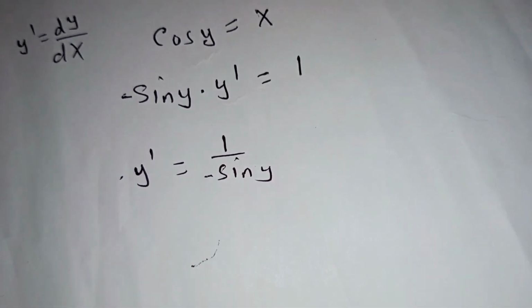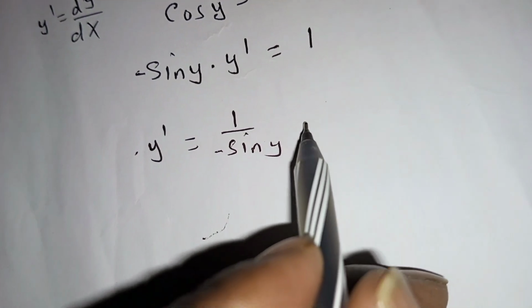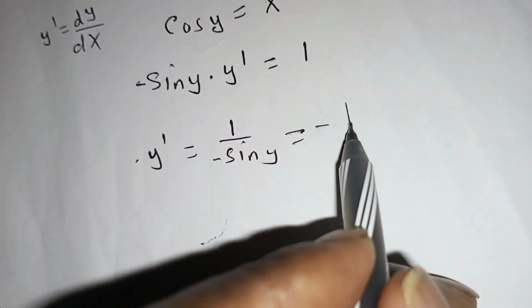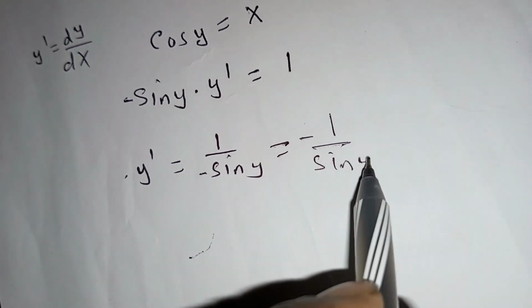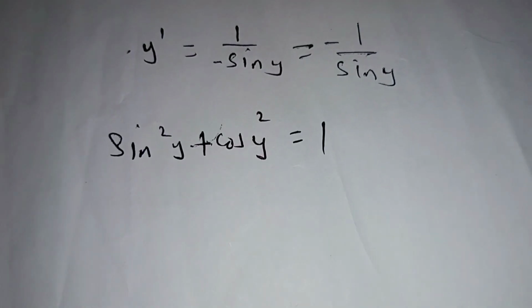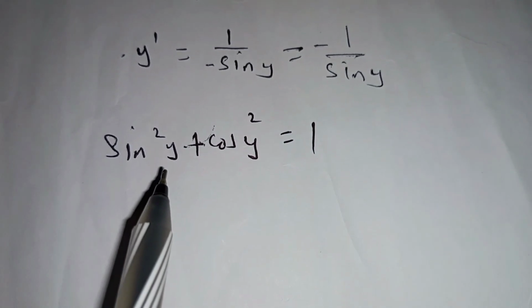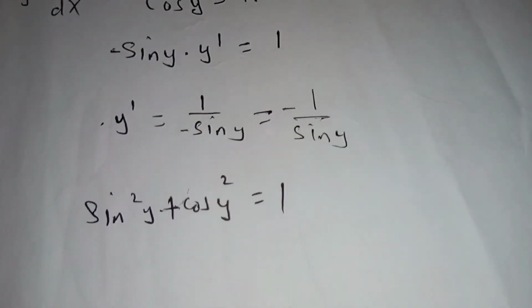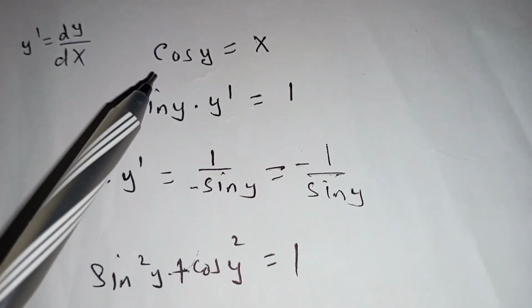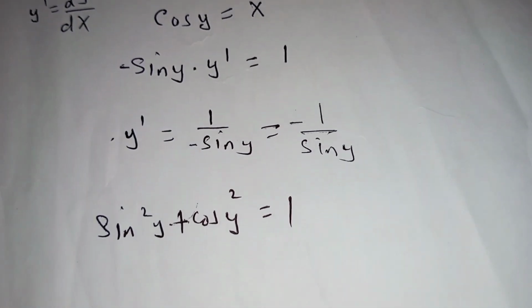negative sine y. This can be written as negative 1 over sine of function y, which tells us that sine squared of our function plus cos squared of our function is equal to 1. Up here, we can substitute the value of cos y with x.